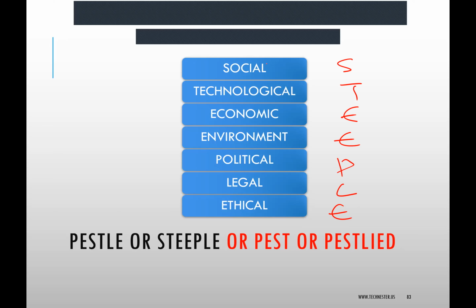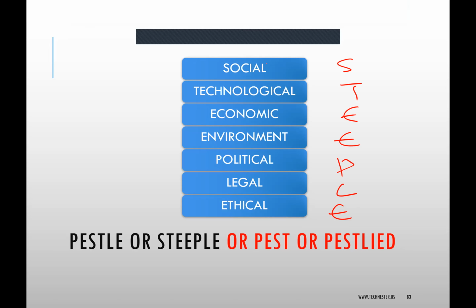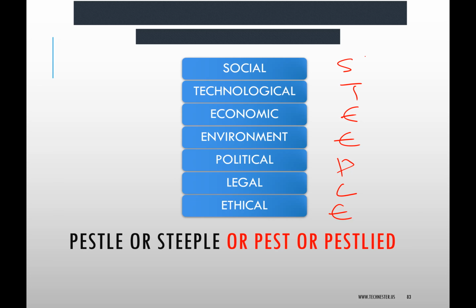It just means people, the culture of the environment where you are doing business and how it may be affecting your business or your enterprise. So technological concerns, economic issues that are arising, environmental issues. It may be environmental pollution, it may be new policies, political issues, legal issues, ethical issues. So this forms your PESTLE.